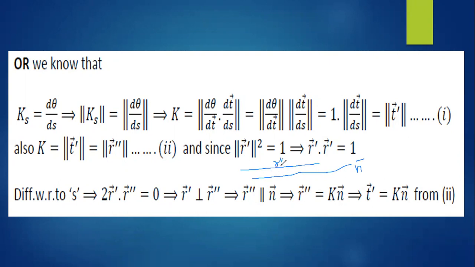If these two vectors are parallel, then there is a relation: r double prime is equal to k times n, where k must be a number which may be half of the first one, double or triple or whatever. So r double prime is equal to kn. Thus, r double prime itself is equal to t prime. So our result becomes t prime is equal to kn, from equation number 2. So this is the proof of the equation.